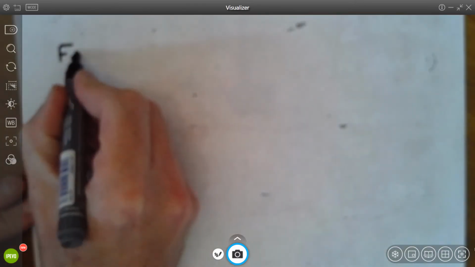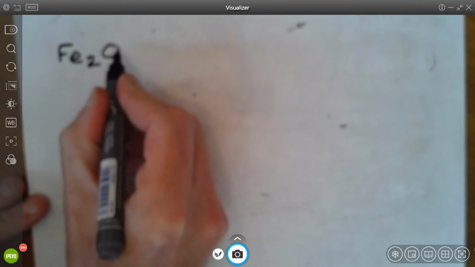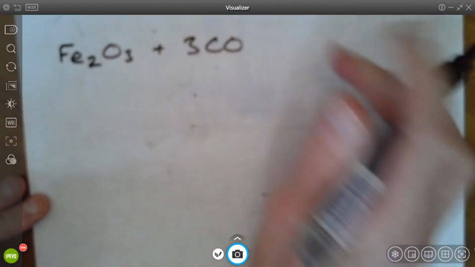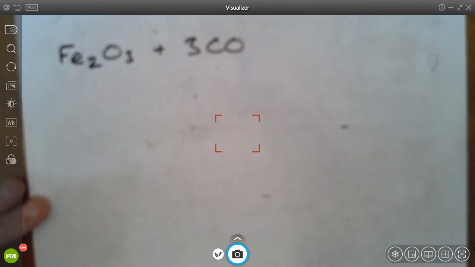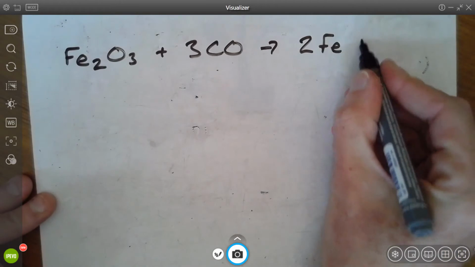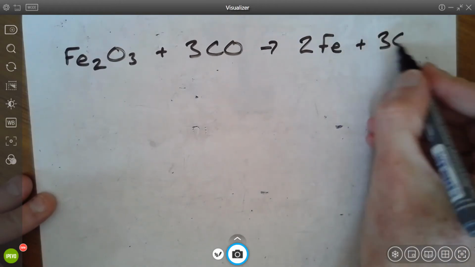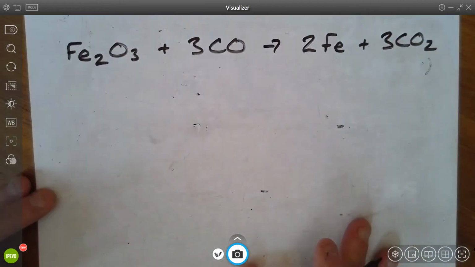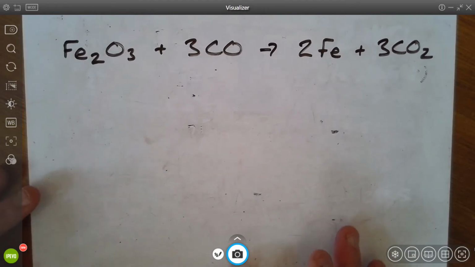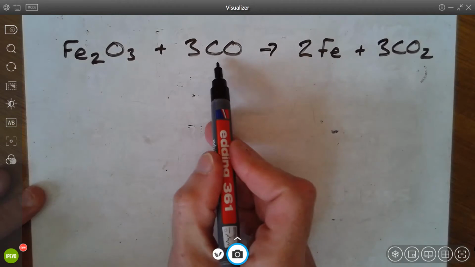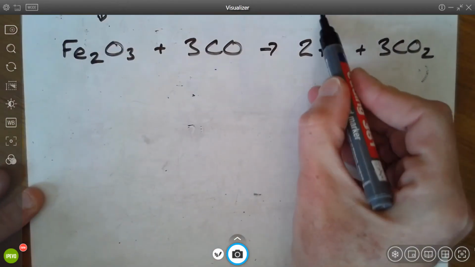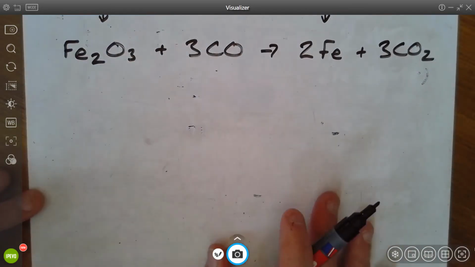This is iron(III) oxide, Fe2O3. I'm going to react it with carbon monoxide, and it's going to produce iron, and also carbon dioxide. Notice you weren't given the relative atomic mass of carbon because we don't need to worry about either carbon monoxide or carbon dioxide. We're just going to focus on these two chemicals here.